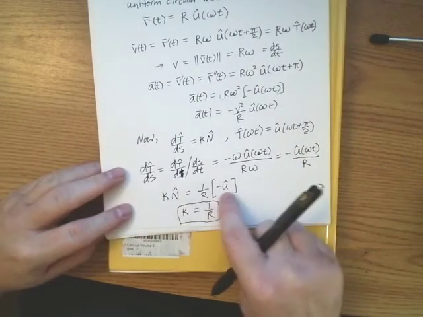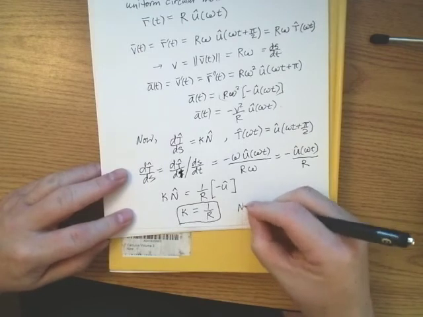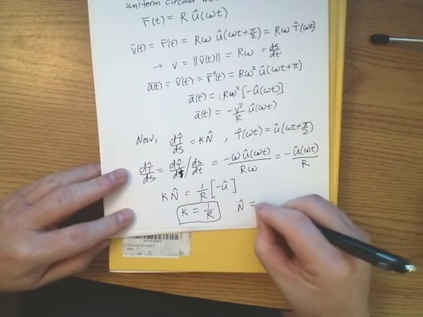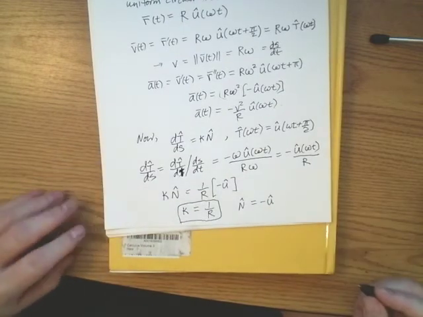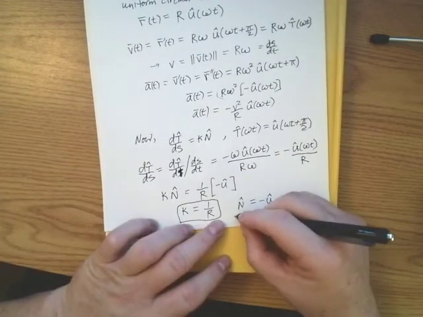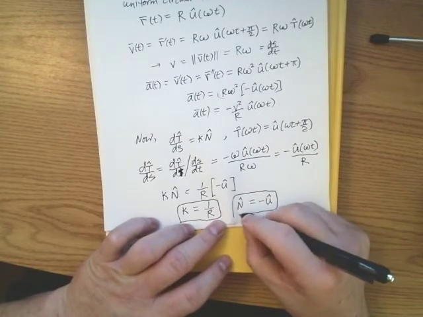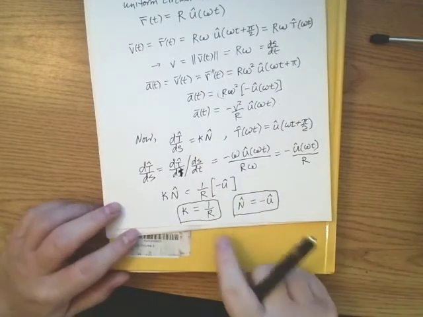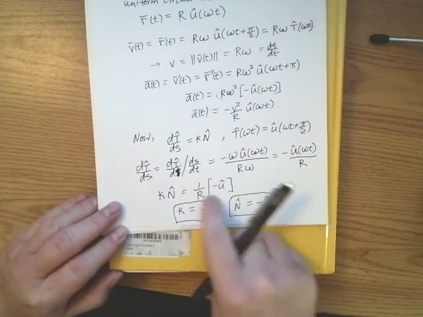Also from this formula, you can see that if I was interested in what n hat was for a circle, that's actually the negative of the direction of the position vector. So it's actually pointing backwards like that. You notice that this has nothing to do with the position on the circle itself.